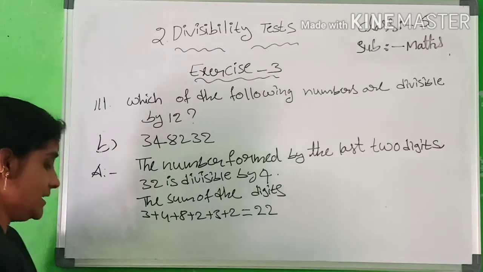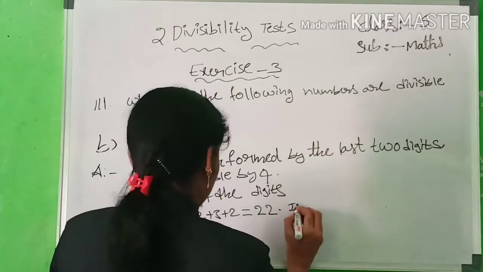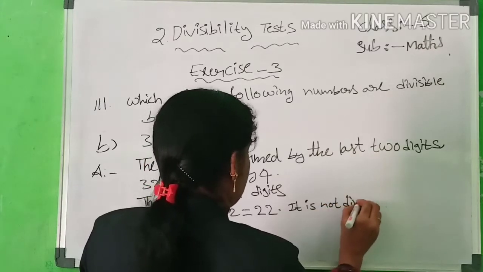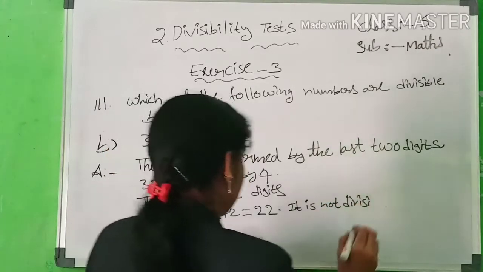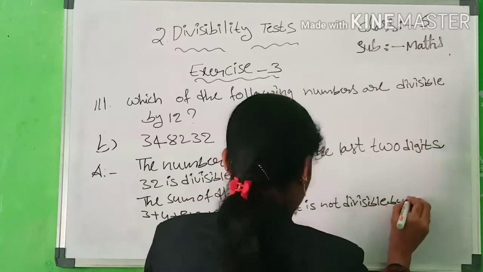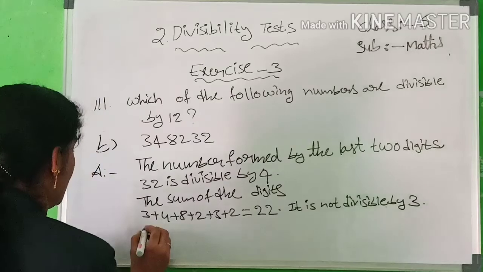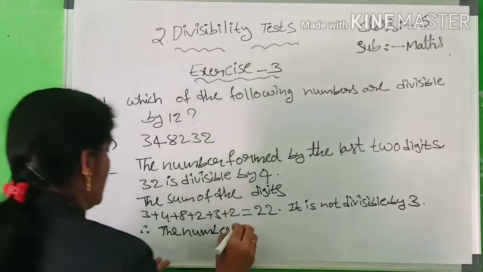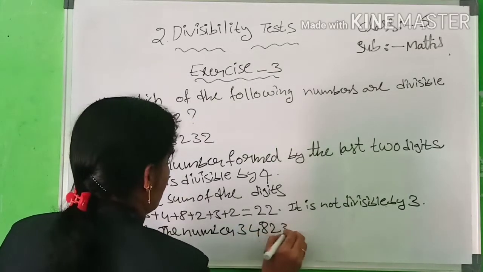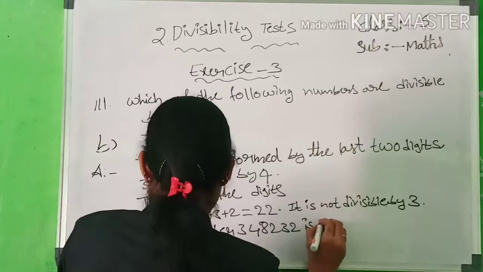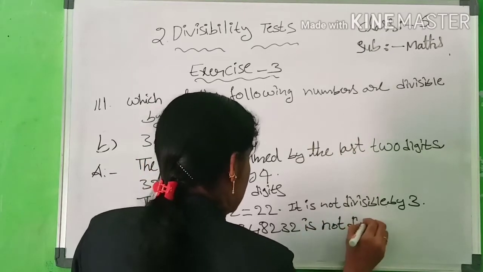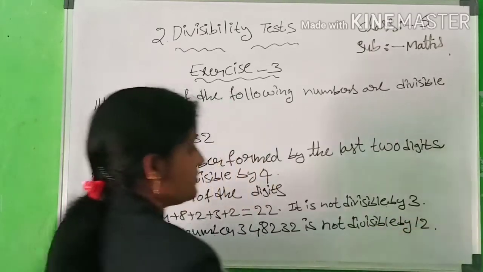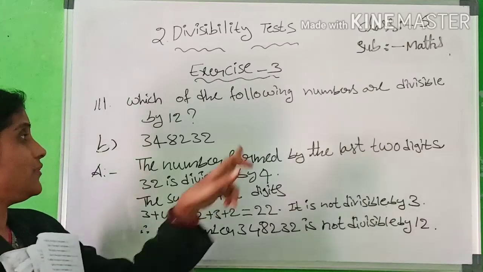It is not divisible by 3. Therefore, the number 3,48,232 is not divisible by 12.